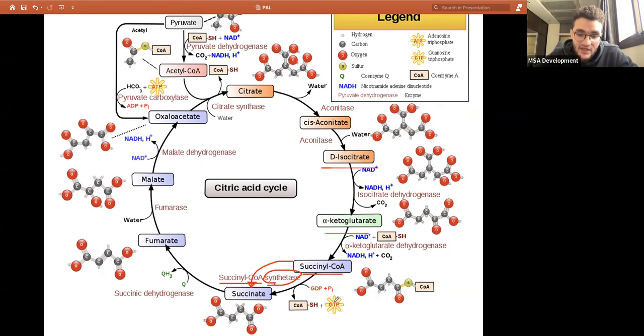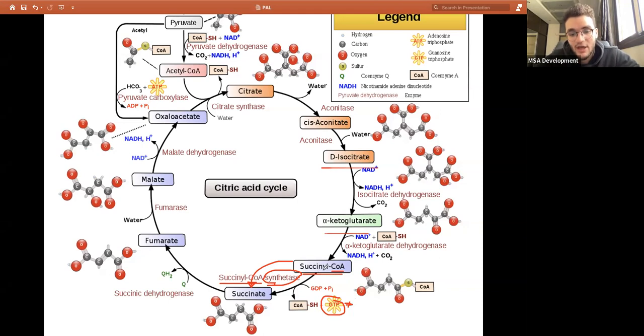Instead, it's synthetase, right? So instead, we have the formation of GTP. Because we have a CoA here and no CoA here, CoA is being released. To go from succinyl-CoA to succinate, you release CoA and you also form a GTP. This is important because we're going to trace the steps for NADH, FADH2, and GTP.